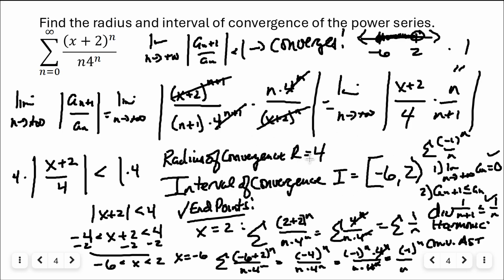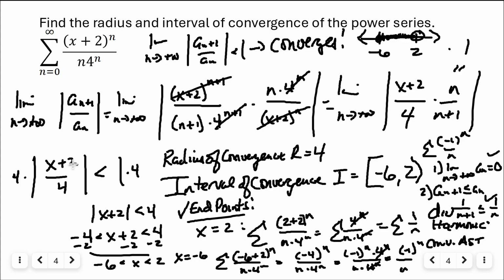So to find the radius and interval of convergence, you're going to use the ratio test. Just like you normally would, you knock out anything that has an n in it, you're left with an absolute value inequality that has x in it. And you need to know when that absolute value is going to be less than 1, because the ratio test says that's when the thing converges.